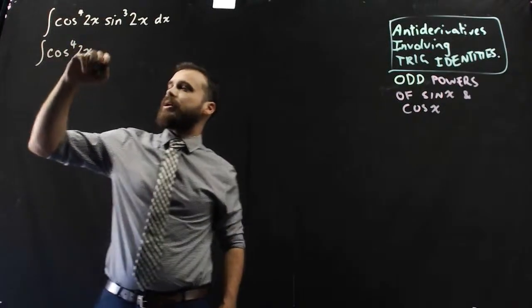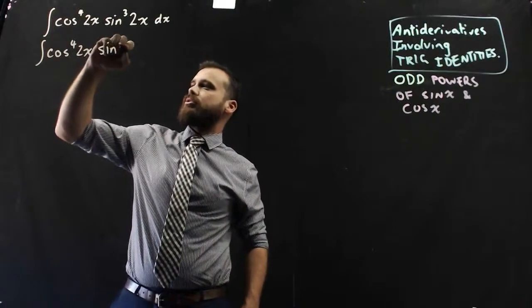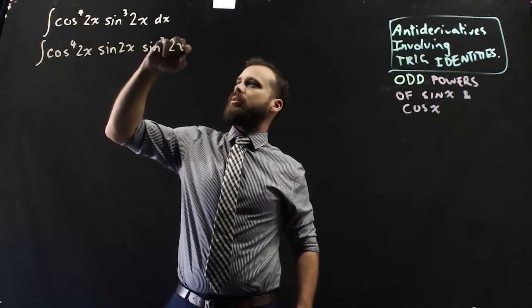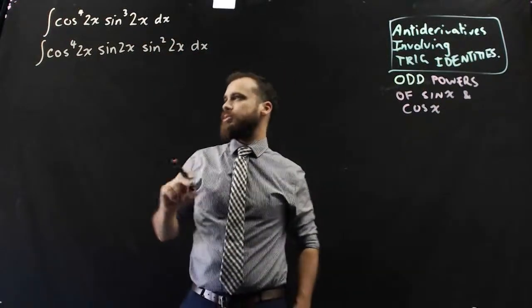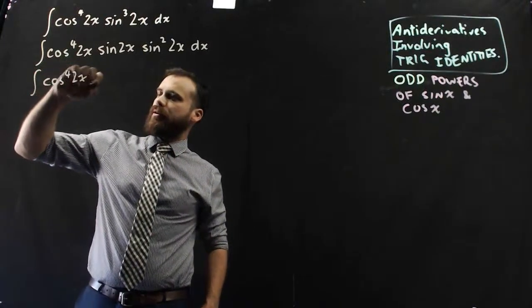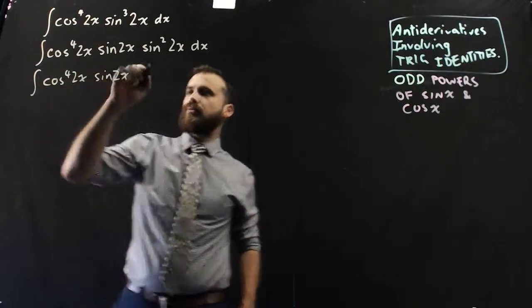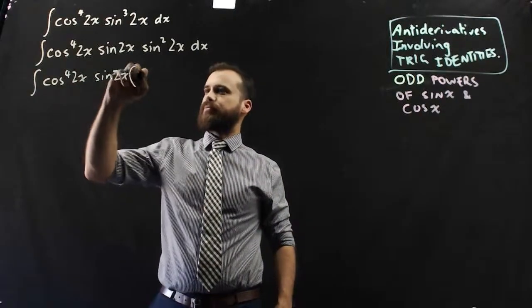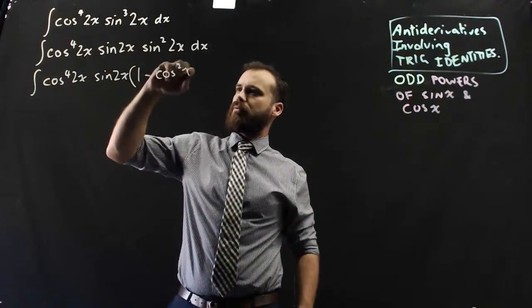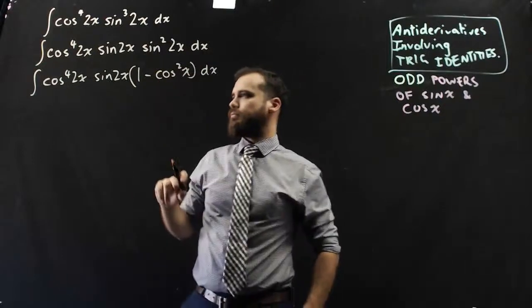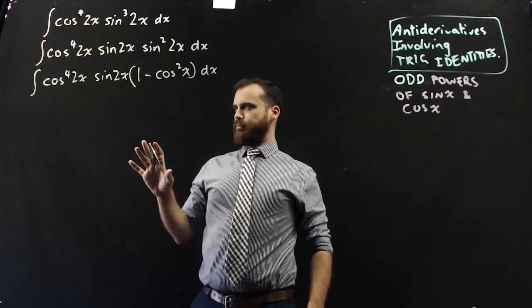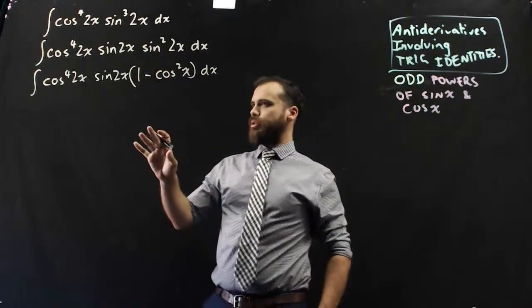So cos to the 4 2x sine 2x sine squared 2x with respect to x, and we can replace that with sine times 1 minus cos squared 2x.